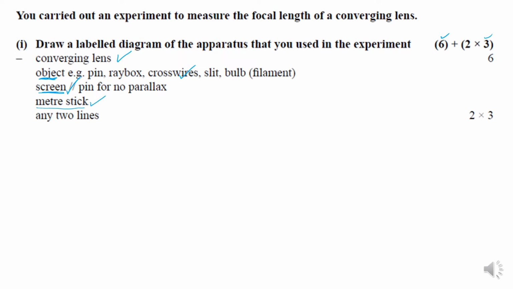Yes, we did. So for the first one, that you got the actual lens, 6 marks, and then if you have 2 of the others, 2 out of 3, you got your next 6 marks, making 12. Okay, so it's very worthwhile learning your diagrams.